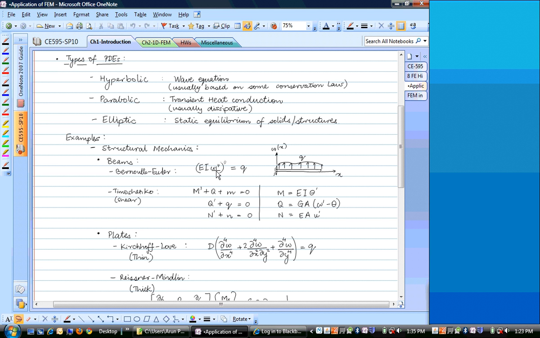This prime represents x, right? So this is the most basic equation that you should all be familiar with. Now this type of equation is used in a theory that's called Bernoulli-Euler theory, and we'll go over more details about this theory later on in the course.